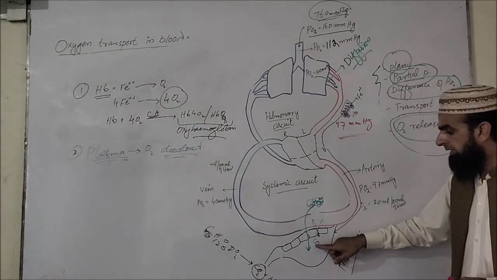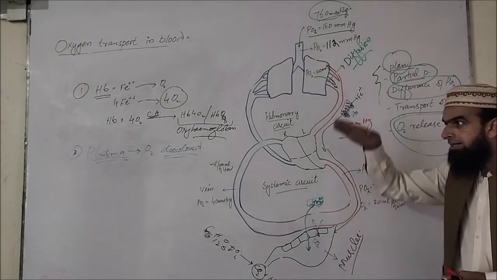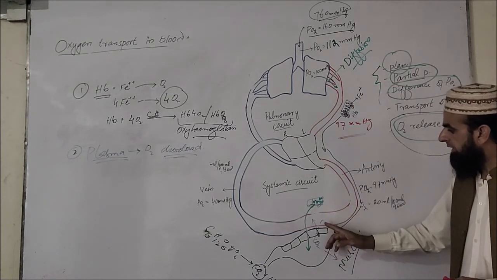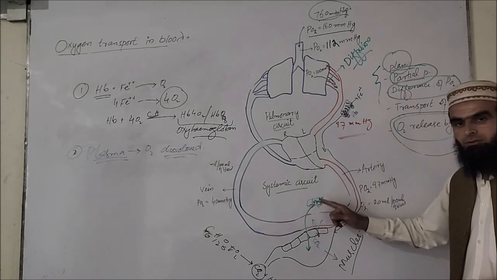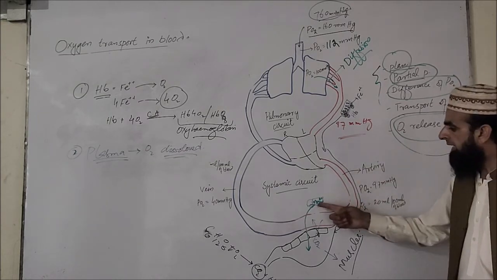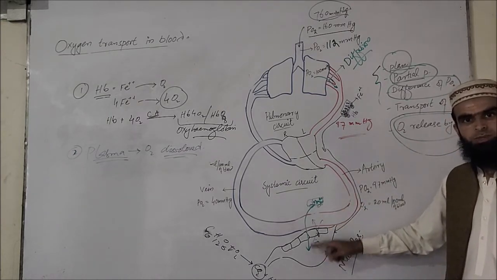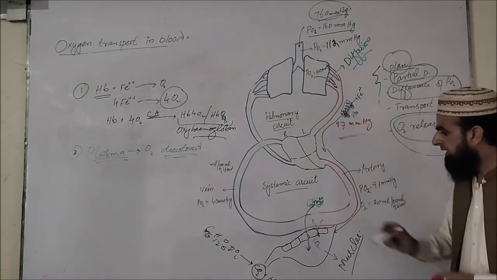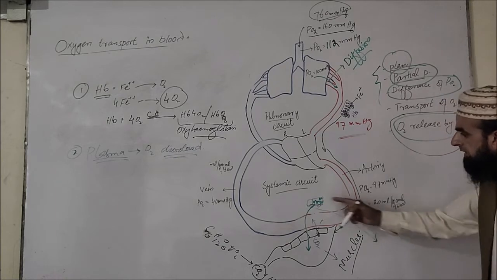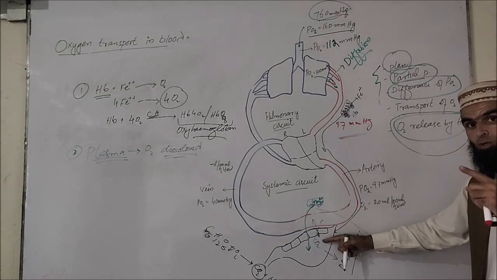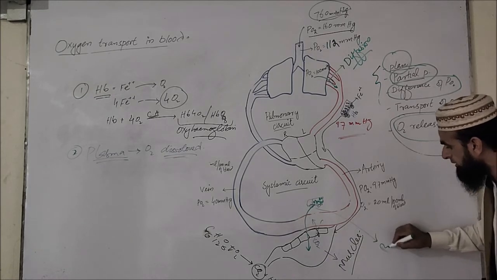So the increase in carbon dioxide concentration or decrease in pH, meaning increase in acidity, does what? It releases the oxygen from the hemoglobin. It unloads the oxygen from the hemoglobin, and that oxygen is then given to the tissues. Here a special effect is shown. This release of oxygen by the use of carbon dioxide or by protons is called Bohr's effect.